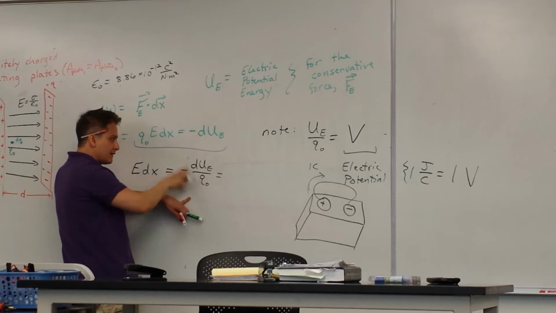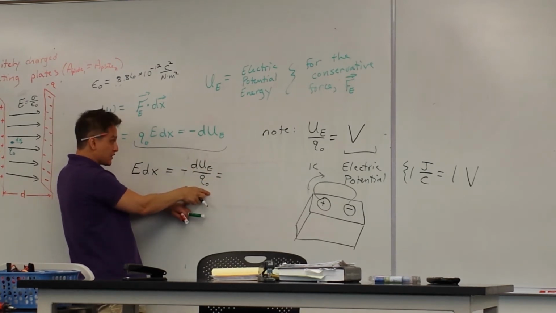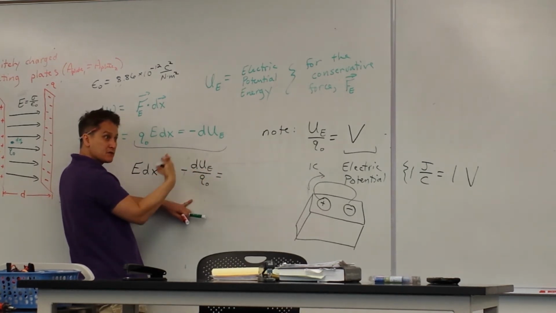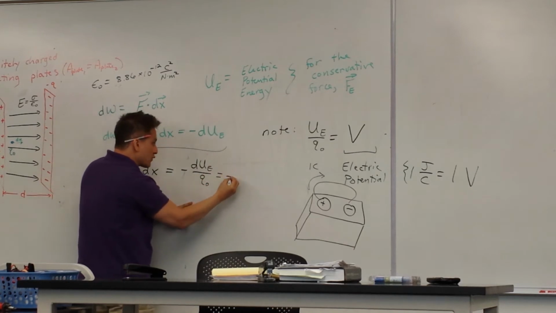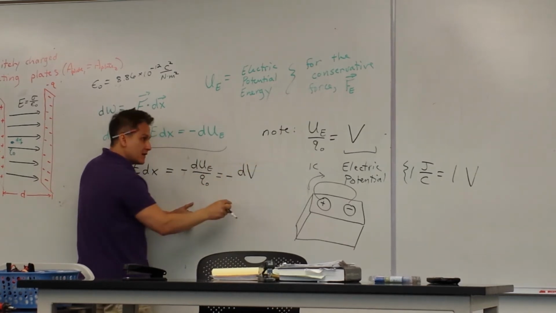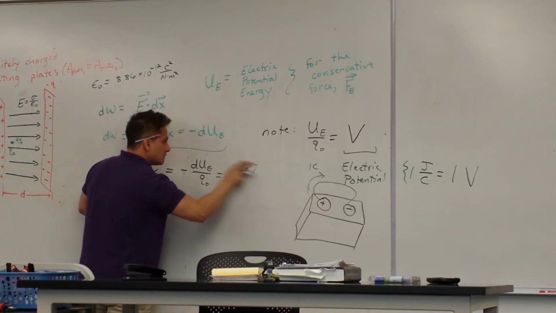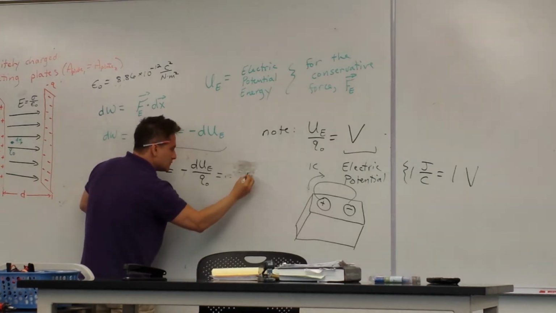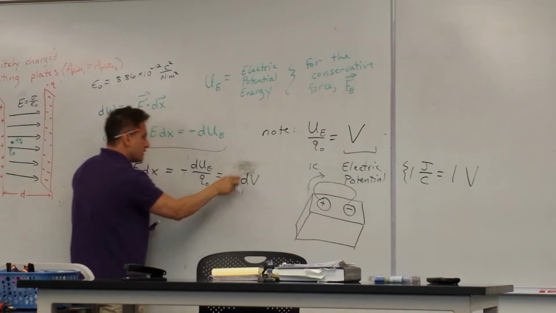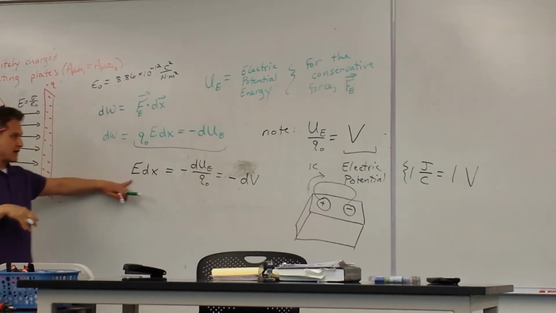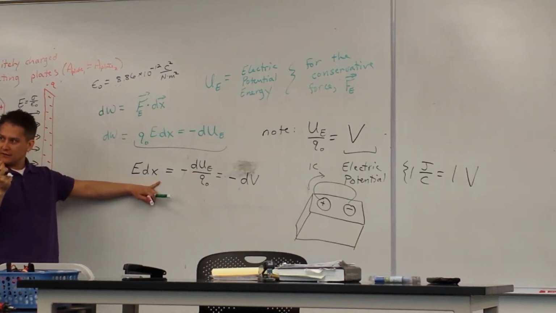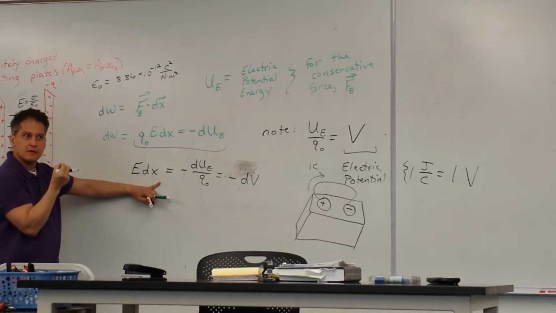And if we just then think about the potential energy per unit charge in terms of volts, then we're left with a relationship that looks like this. The change in voltage dV is oppositely directed to the product of the electric field and the displacement.